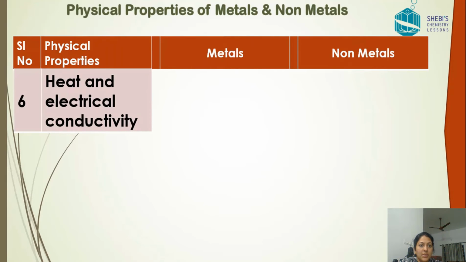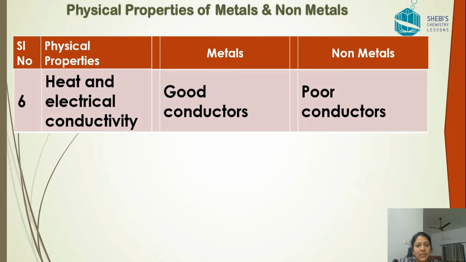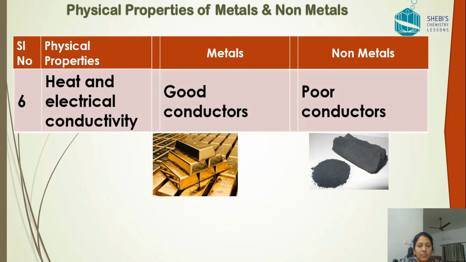Moving to the sixth physical property, heat and electrical conductivity. So we know that metals are very good conductors of electricity while non-metals are poor conductors of electricity. Metals like gold, silver, copper, etc. are very good conductors while non-metals are bad conductors of electricity. For example, charcoal is a poor conductor of electricity.